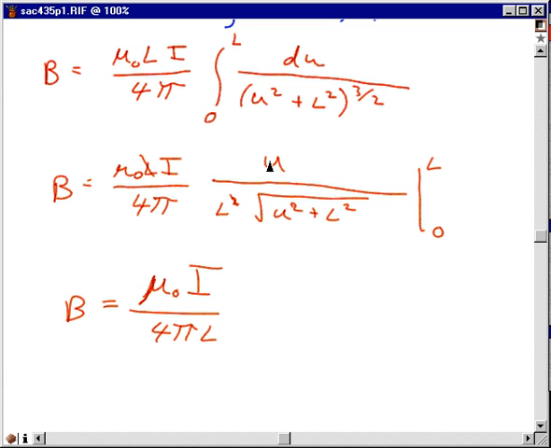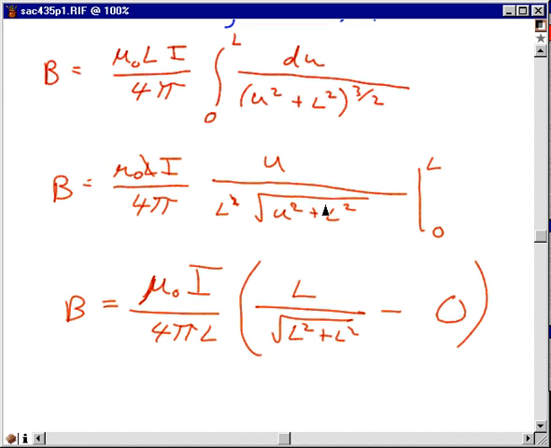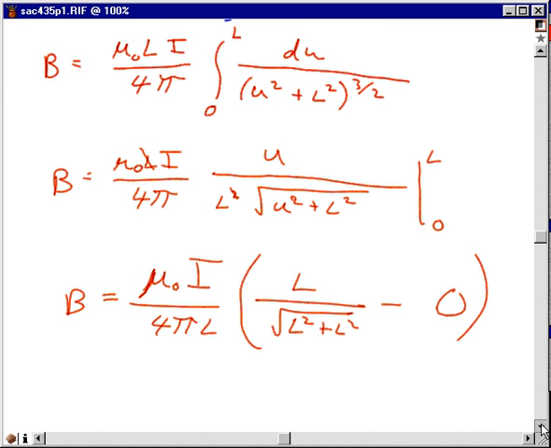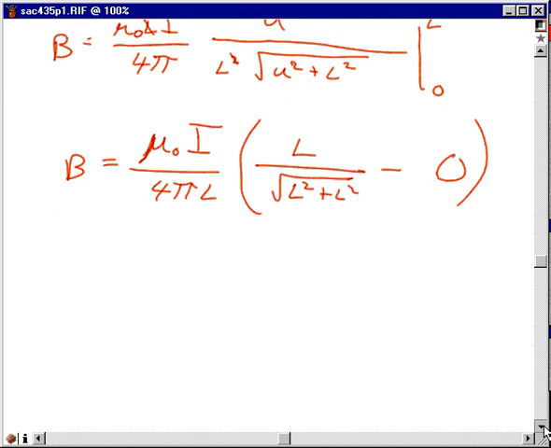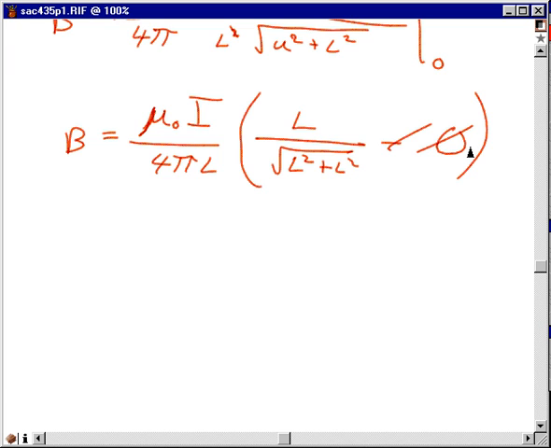And then this expression, the u over the square root, evaluated from 0 to L. So it'll be L over square root of L squared plus L squared minus 0. 0 divided by something is just 0. There will be a non-zero part in the denominator, so it is well defined. And so I can ignore that minus 0 part.